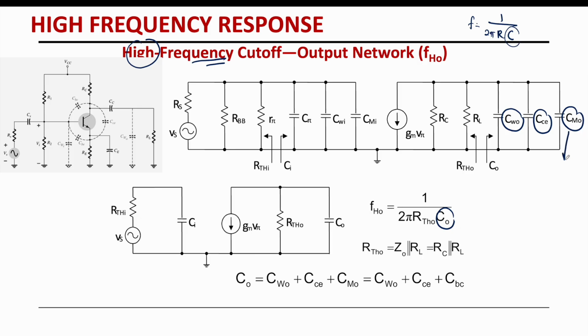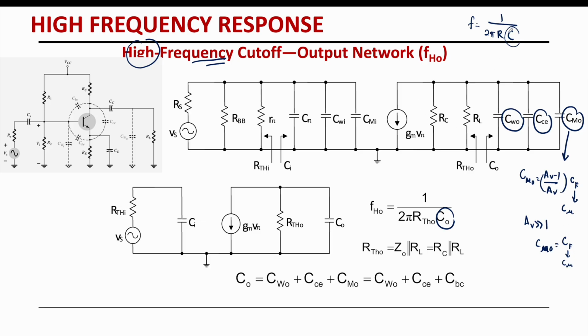And remember, CMO can be calculated by using (AV minus 1) over AV times CF. This CF value can be determined from the value of C mu. And if the value of AV is much greater than 1, then your CMO is equal to CF or C mu. So it depends, right?